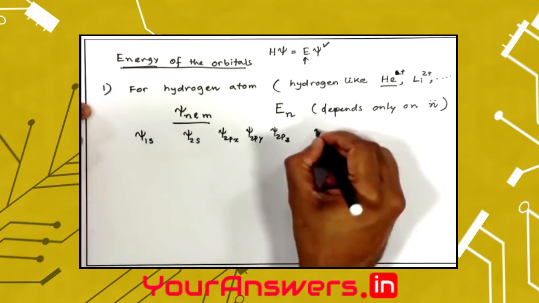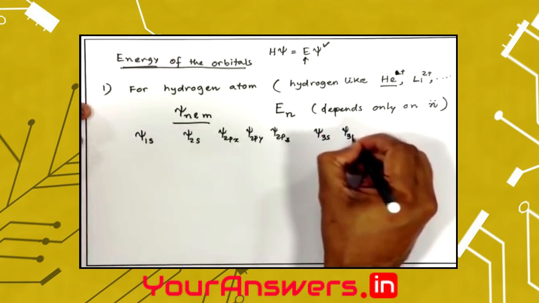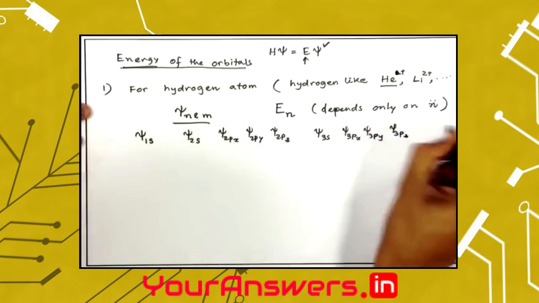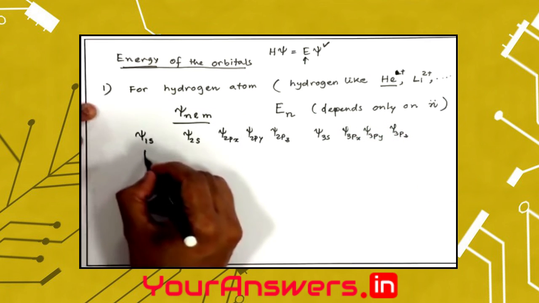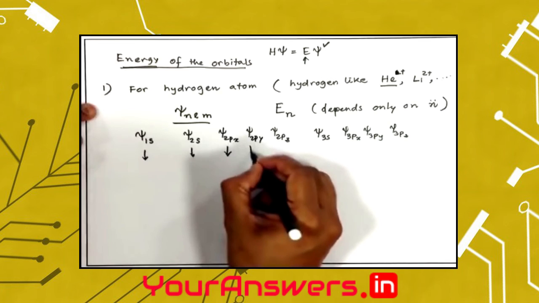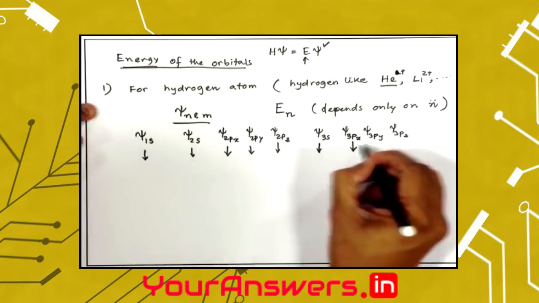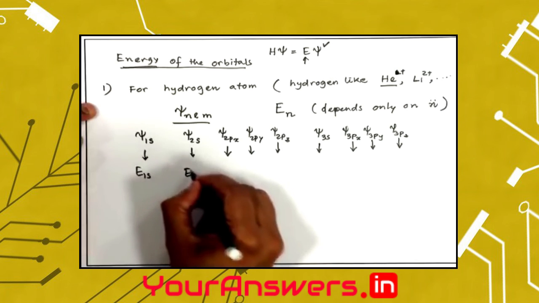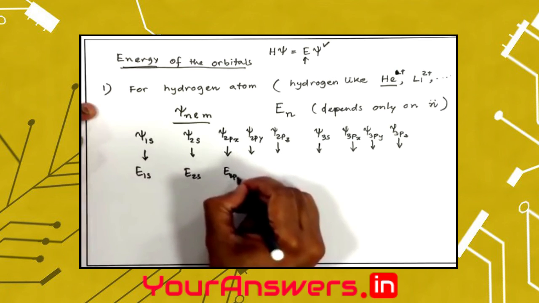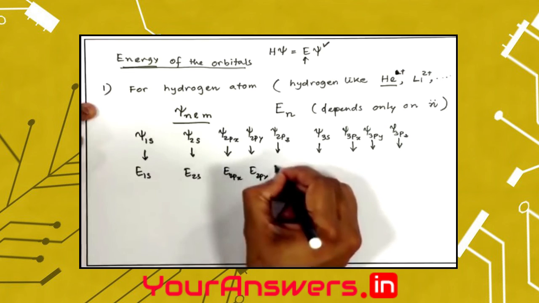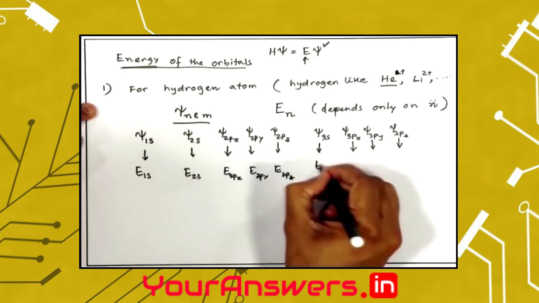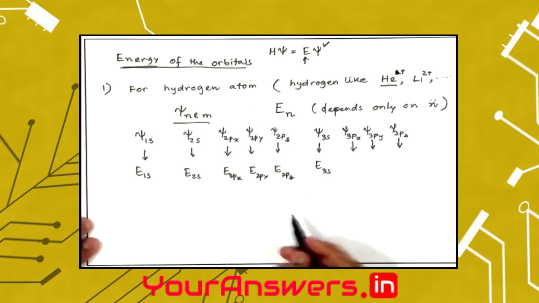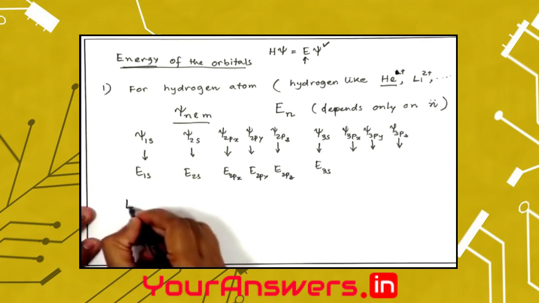Then I can have psi 3s, psi 3px, psi 3py, psi 3pz and so on and so forth. Each wave function corresponds to an energy, right. This is what the solution of the Schrodinger equation said. So, this energy can be E1s, E2s, E2px, E2py, the energy corresponding to the 2pz orbital, energy corresponding to 3s and so on and so forth.